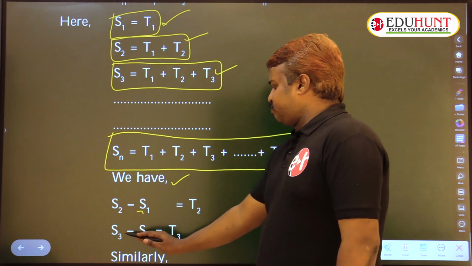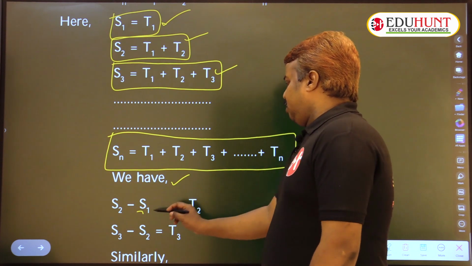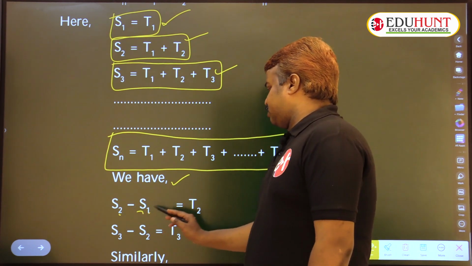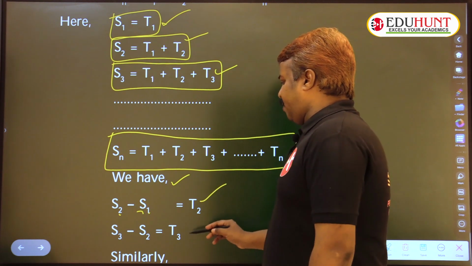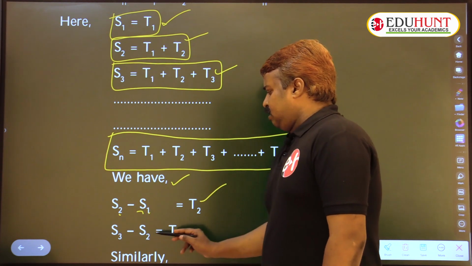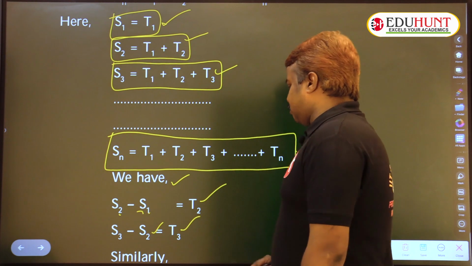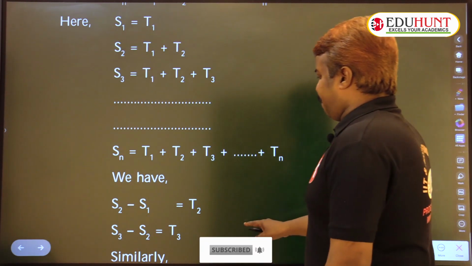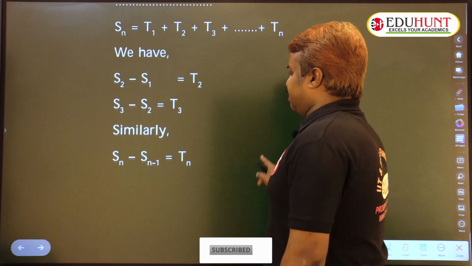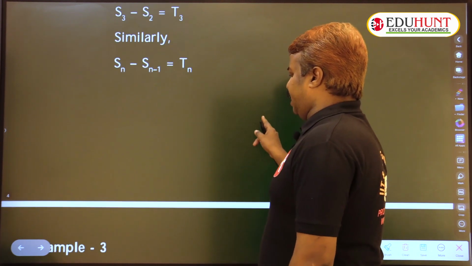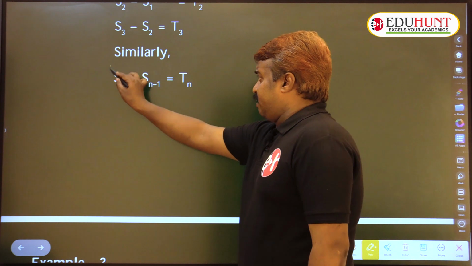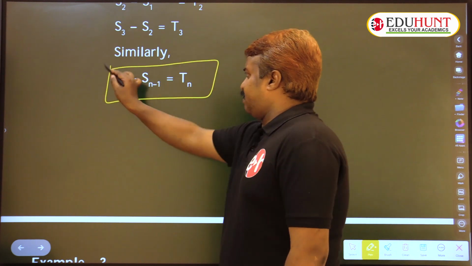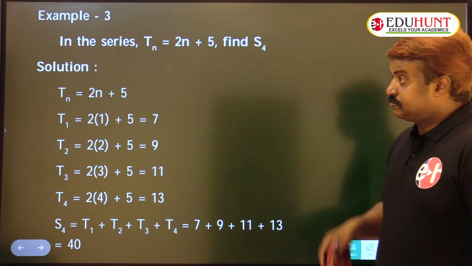Sum of 3 terms minus 2 terms gives the third term, T3. Similarly, to get any term, Sn minus S(n minus 1) is equal to Tn.